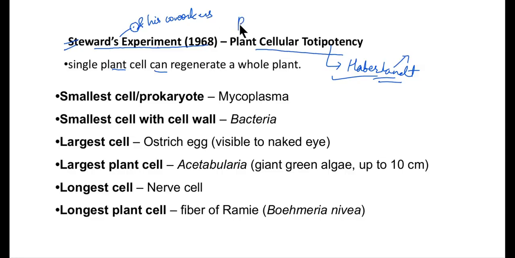Here he used phloem tissue from the roots of carrot. In his experiment, he took the phloem tissue from the carrot root as the explant.